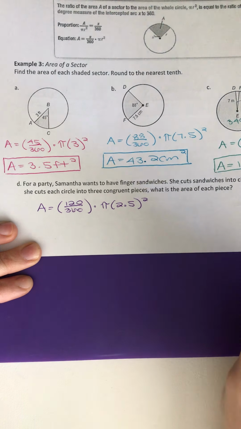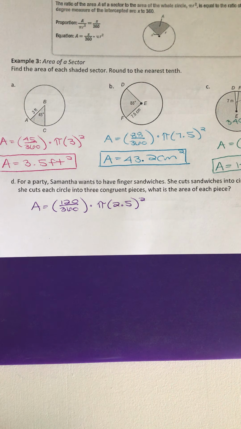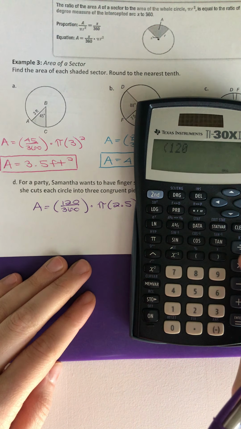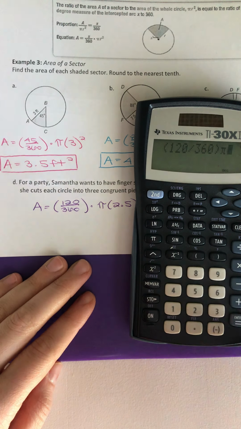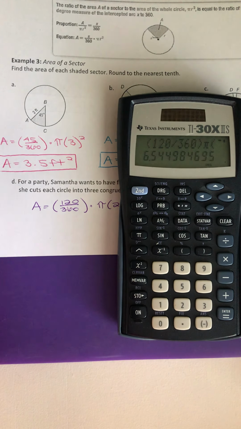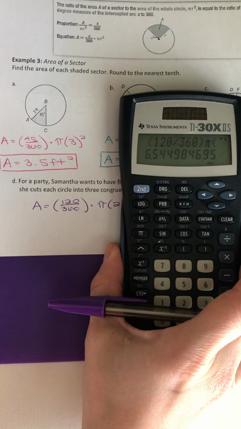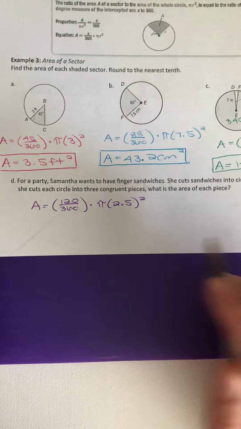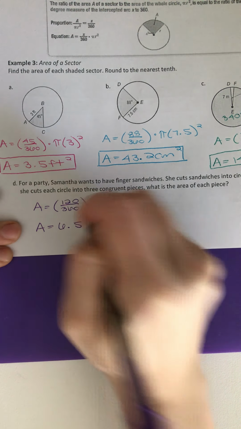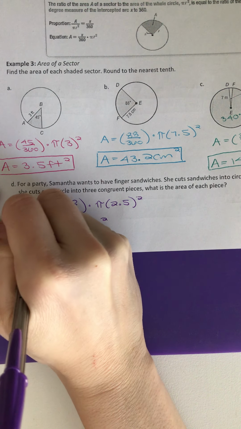My radius is 2.5 squared. 120 divided by 360 pi r squared, and it's about 6.5. My units are inches squared.